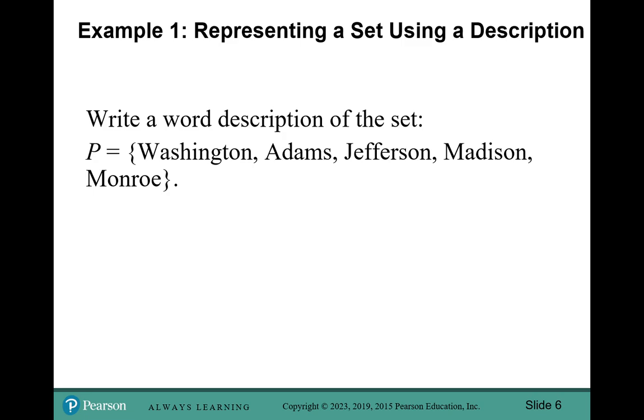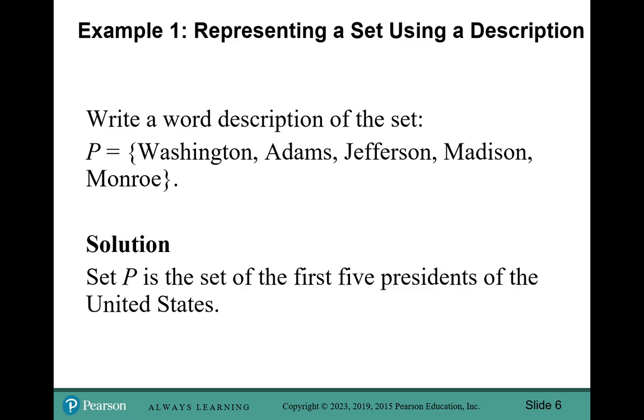Now, if you're not a history buff, no harm, no foul. But these are actually the first 5 presidents of the United States of America. So if I wanted to use words to describe this set, I would say the set P is the set of the first 5 presidents of the United States.